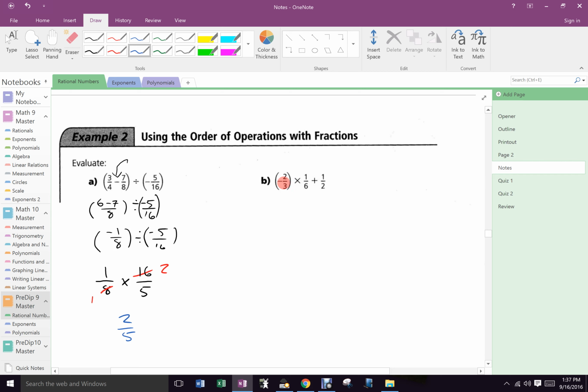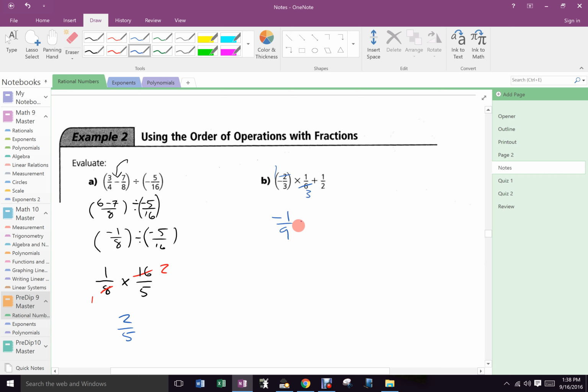What about here? There's brackets, right? No. Those are not brackets that we care about. Why? They're not brackets, they're just separated because they have a negative sign in front of it. So, first thing I got to do is multiply. Is there any canceling? Yes. 1 and 2 and 1, 3. What do I get?